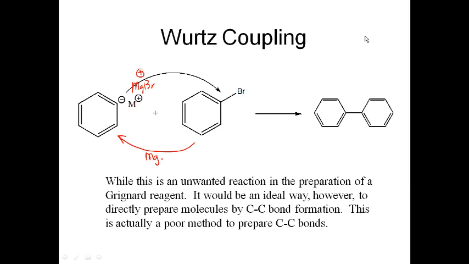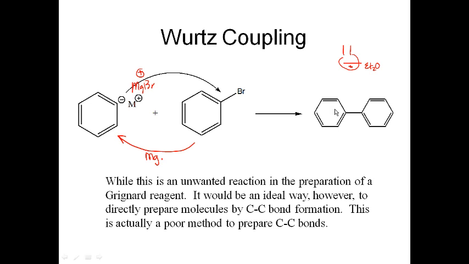Typically, when we make a Grignard in lab, we'll put some magnesium metal in a solvent like diethyl ether. And then we'll slowly drip in the alkyl halide while heating the magnesium metal. If we just dumped in all of the alkyl halide, as soon as the alkyl halide got converted to Grignard, it would undergo this Wurtz coupling reaction.